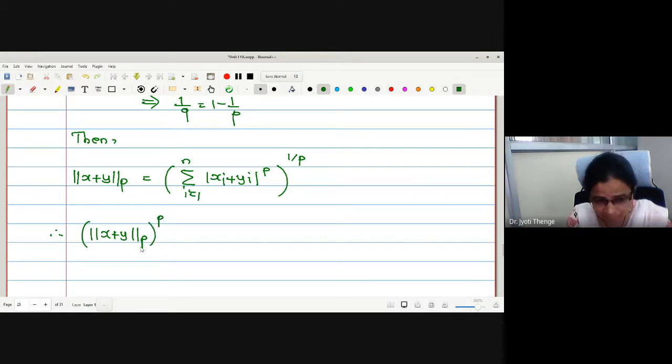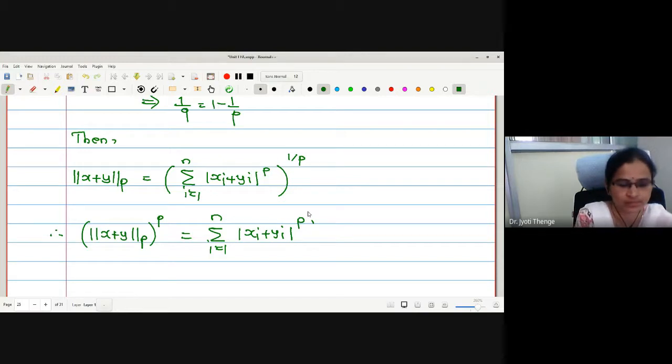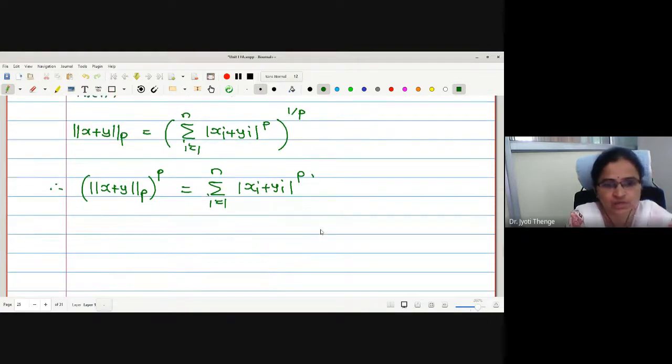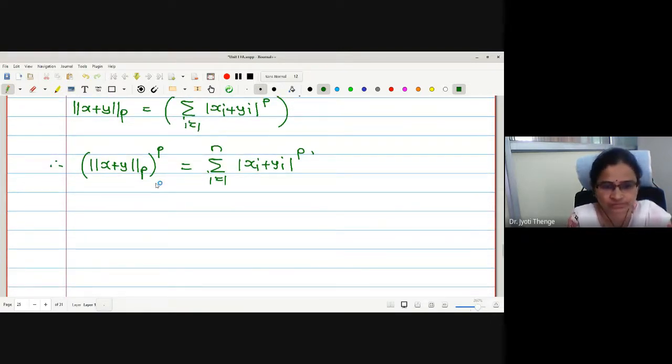This is norm p of x plus y raised to p. This is not norm pp. Okay? This you have to make clear. What is the effect on the right side? This is simply summation mod xi plus yi raised to p. Okay? It will take some 5 minutes extra. I think it is okay for everyone. Right? Now, what I will do, this p I will separate as 1 and p minus 1.